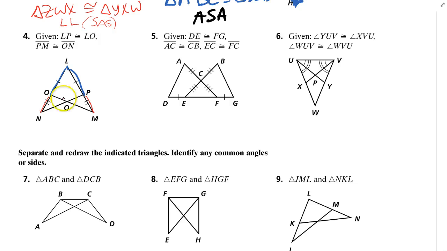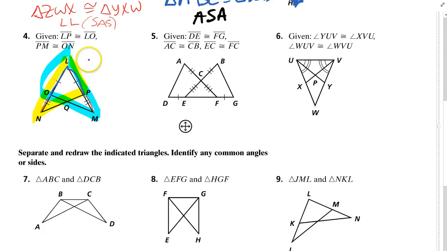The overlapping triangles that I can talk about would be from L to N to P compared to L to M to O. So let me draw those. And why would those be congruent?